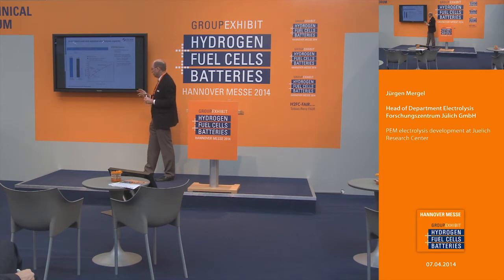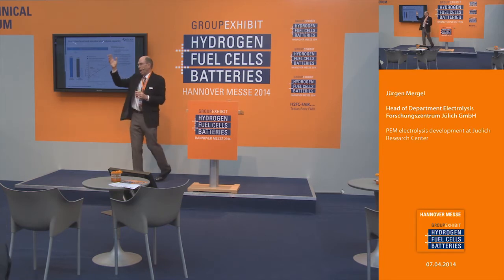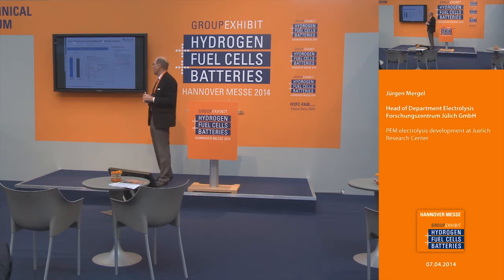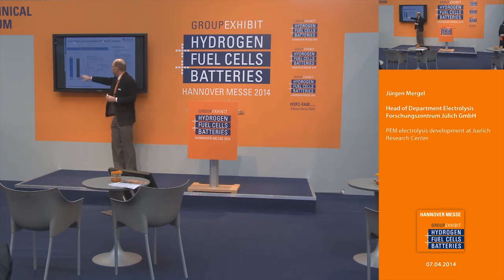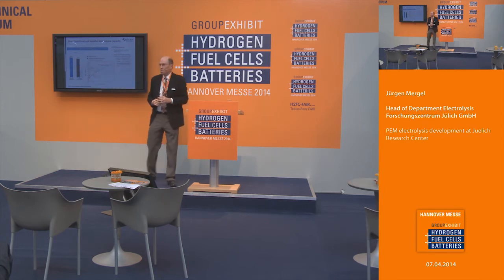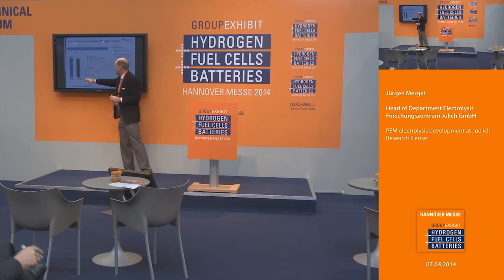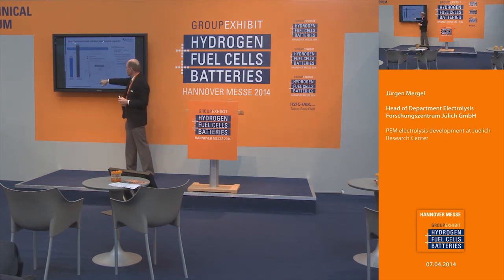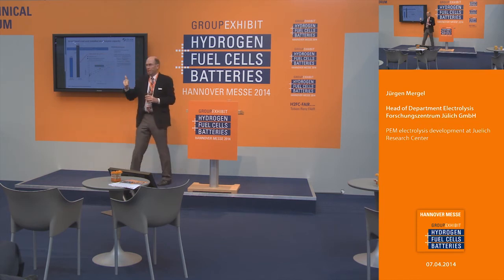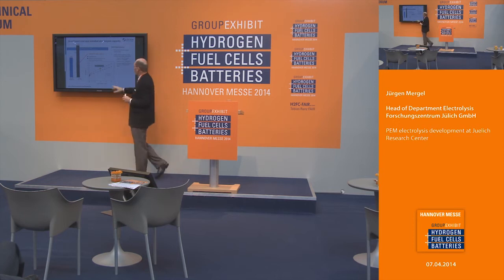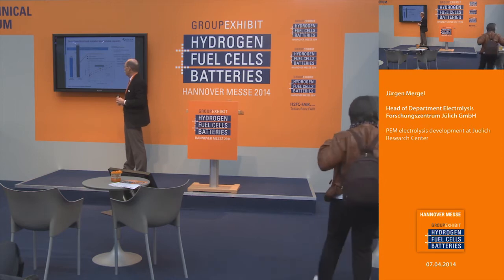But if you go to, let me say, Hydrogenics or to Proton and ask for an electrolyzer, you will never get this electrolyzer for 1,500 euros per kilowatt installed capacity. And this depends on the, at the moment, lower current density. This is at the moment normally 1 amp per square centimeter in commercial products, and also at lower temperatures, depending on the, let me say, lifetime.